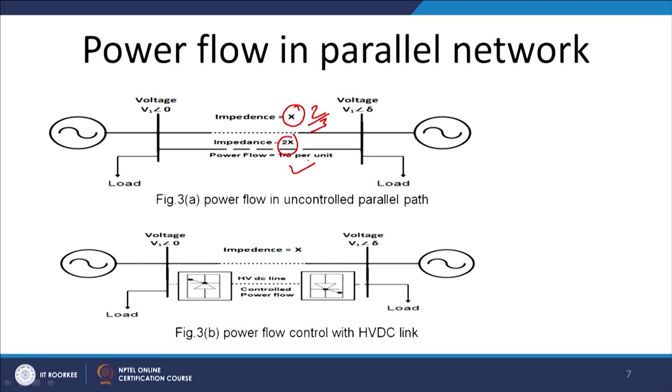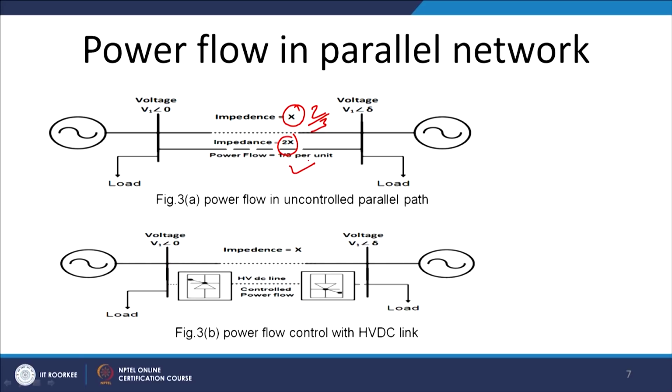But if we try to increase the capability of the lower transmission line, it is sometimes self defeating, because ultimately the power carrying capability will be determined by the impedance of this line.